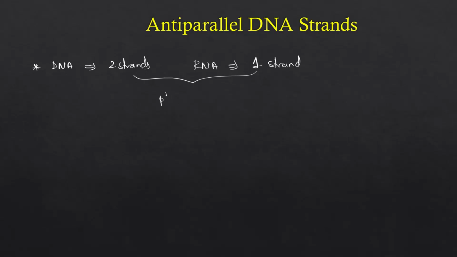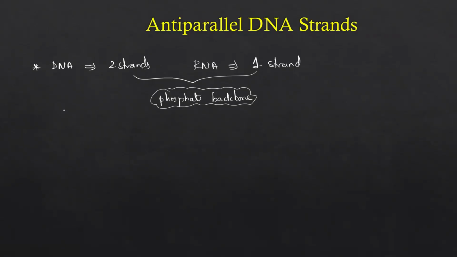DNA contains two strands, whereas RNA contains only one strand. Here the two main strands have a phosphate backbone. Remember this. Normally, the joining happens between the fifth carbon and the third carbon of the other nucleotide.